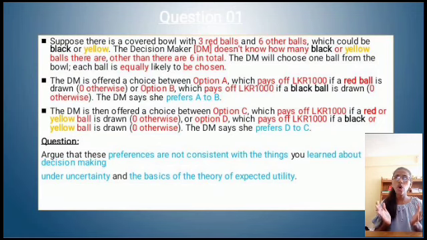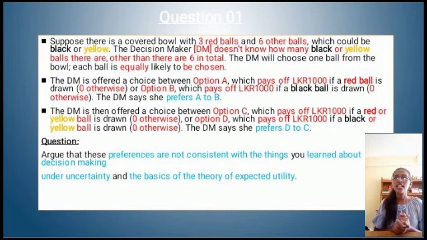In these first two options, A and B, the decision maker selected option A, that is the red ball option. She says she likes red balls more than black balls because it is known that there are exactly 3 red balls and the numbers of yellow and black balls are not certain. This is her personal decision.